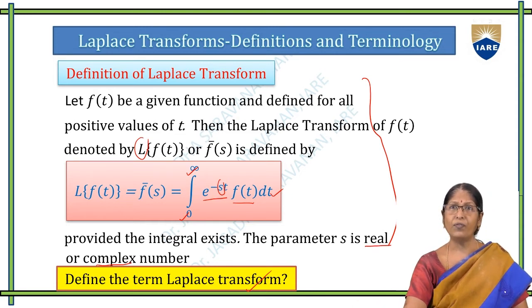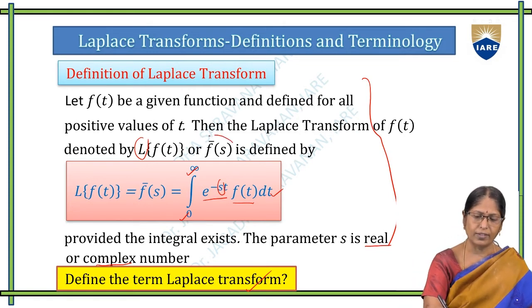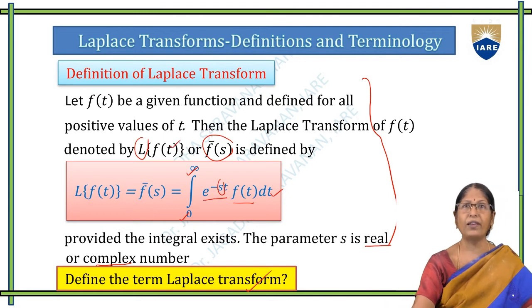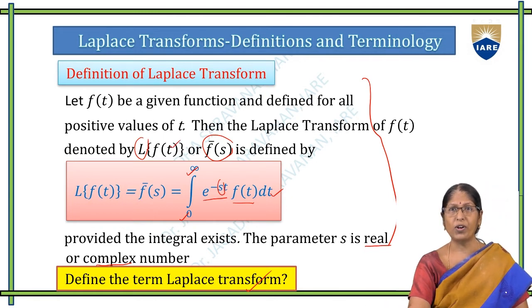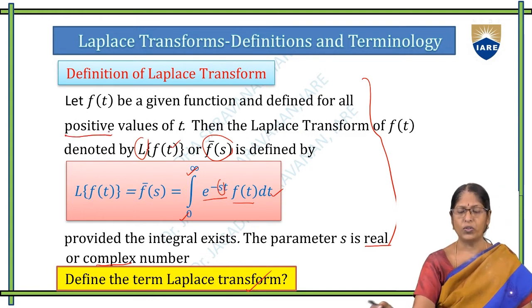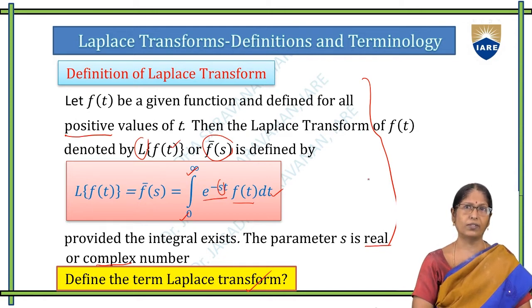And L of f of t in another form, how is it represented? Then the answer is f bar of s. And t, is it defined for positive or negative values? If it is asked, the answer is positive values. So the definition we discussed. Different types of short questions will be asked in such a way.